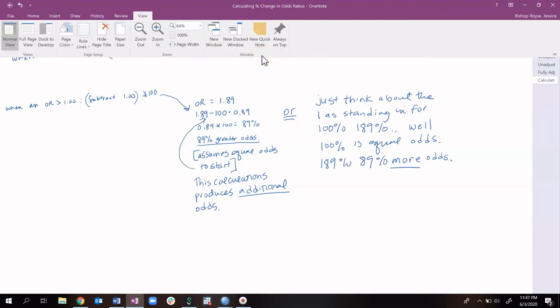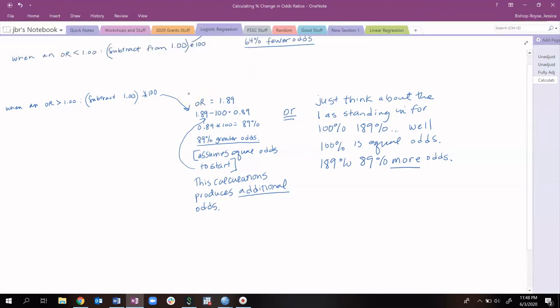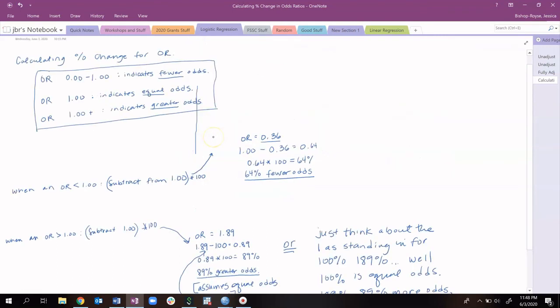So with your odds ratio, almost always you're dealing with a number that's less than 1 or greater than 1. If your odds ratio is less than 1, you simply subtract your odds ratio from 1 and then multiply that number by 100 to get percent fewer odds, okay?